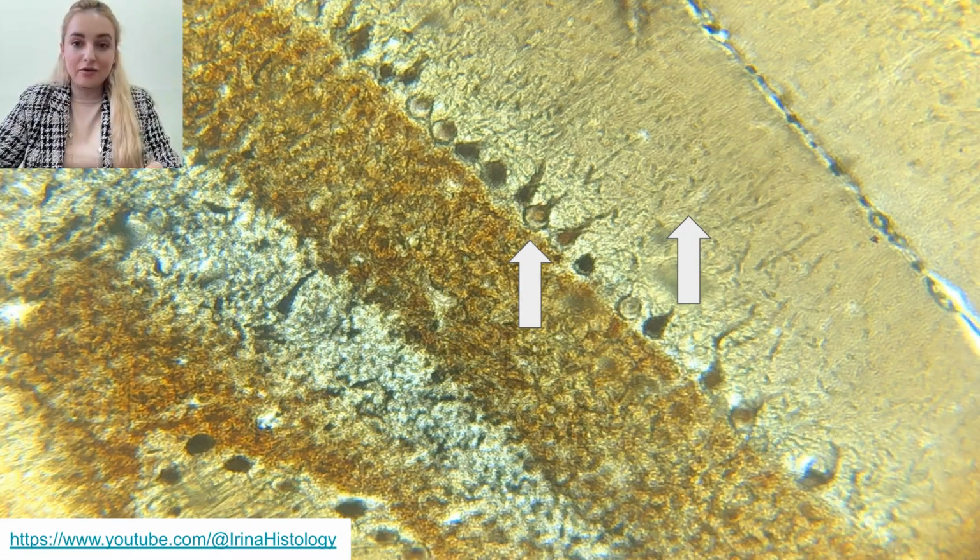So how does the diagram from the previous slide look in real life? Here you have a biopsy from the cerebellum, also stained with silver impregnation, and with arrows you can see the pear-shaped bodies of Purkinje cells and their dendritic trees that extend to the first layer of the cerebellar cortex.